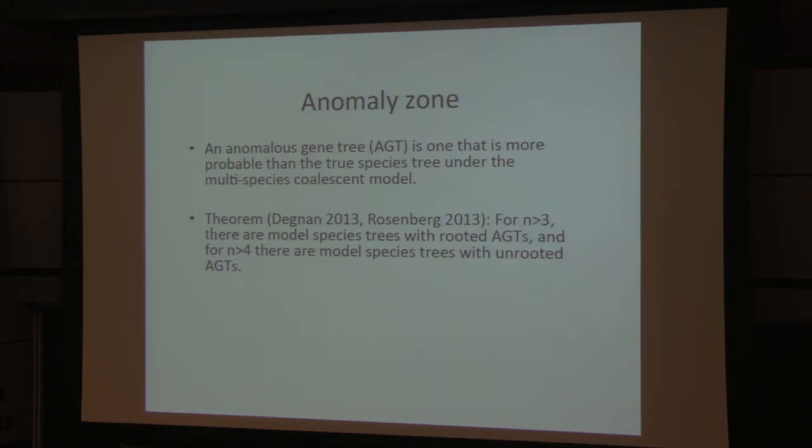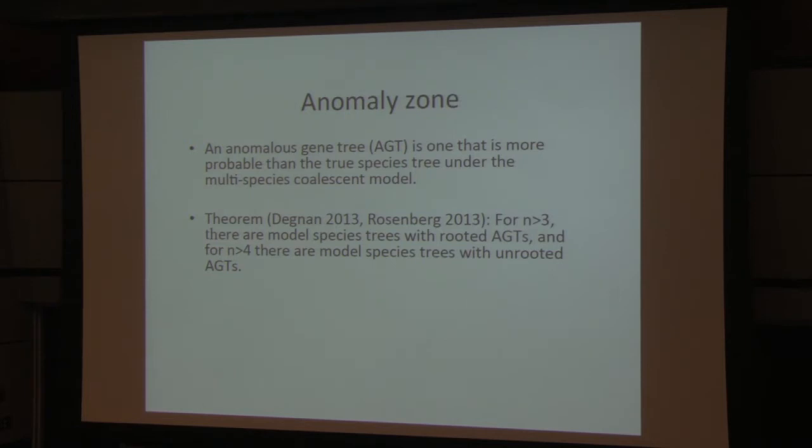And when n is at least 5, there are model species trees where the most probable unrooted gene tree is not the species tree. So all this is saying is that there are anomaly zones. There are cases where the most probable gene tree is not the species tree. But they start at certain values, depending upon whether it's rooted or unrooted.